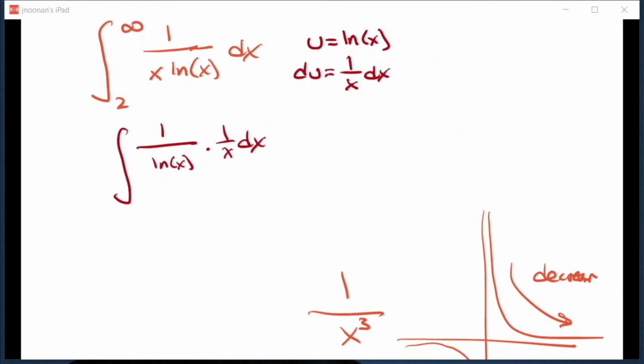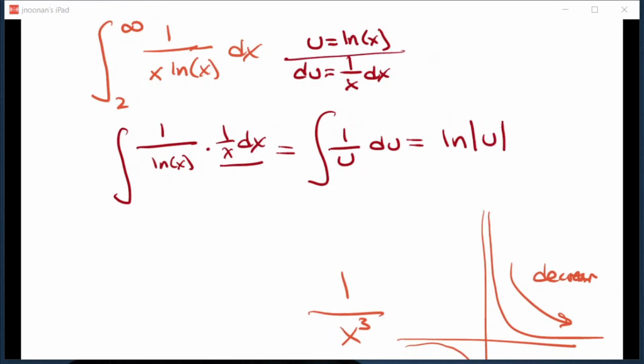Okay, so when I change to u, this becomes 1 over u times du, and that's going to be the natural log of u. Now I'm going to change back to my original x.